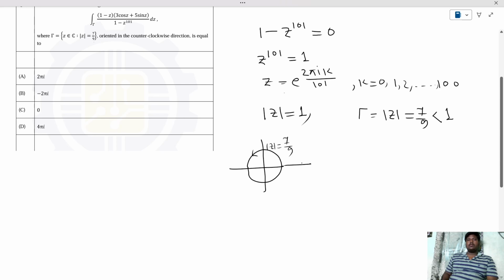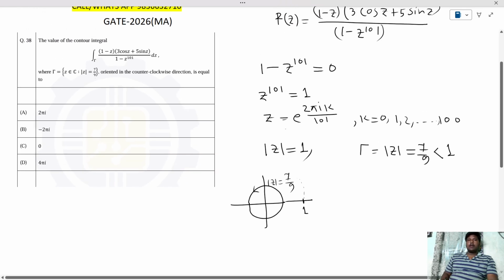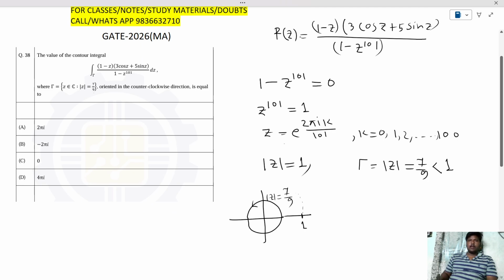And all the zeros lie on the unit modulus, so all the zeros lie outside of the contour. So we see that the given function f(z) is analytic on the given contour.